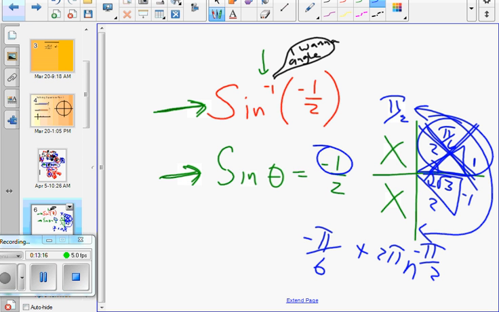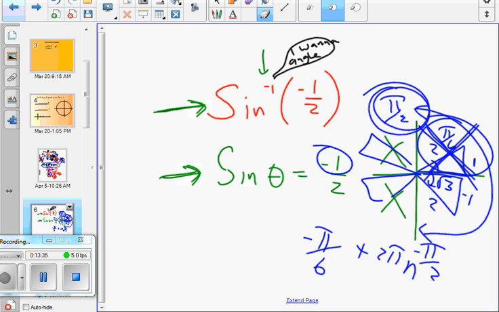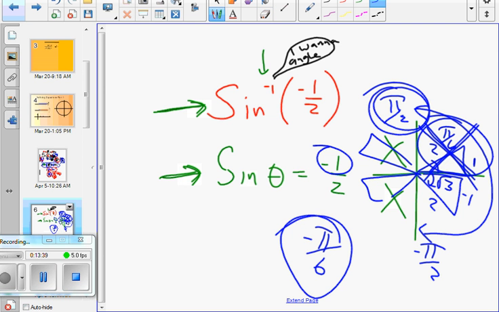And so you can't keep adding 2 pi's to it. You might end up over here or something where you can't be, or over there where you can't be. And it can't be answers that are bigger than pi/2. So therefore, you're not going to get things that are like pi/2 plus 2 pi. Not okay. So don't add that to an answer like this, because it's inverse trig and it's restricted where it can be.